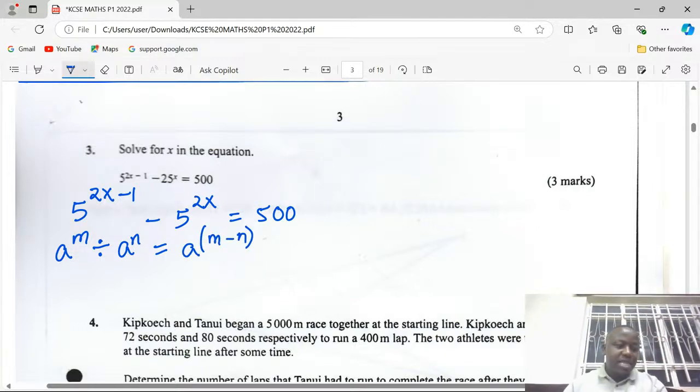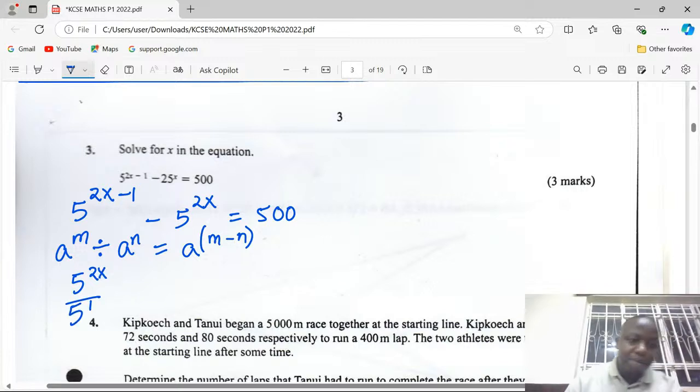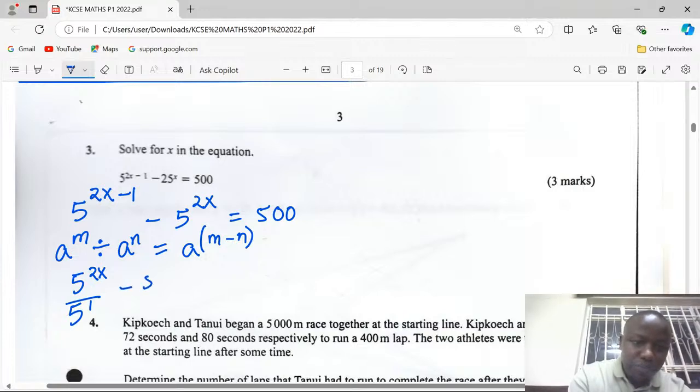That means in the first term we shall apply this law, whereby instead of 5 to x minus negative 1, we will have 5 also raised to power 1. So they have been divided, and that's why there's 5 power 2x minus 1. We're just applying this law at that point, minus 5 to x equivalent to 500.